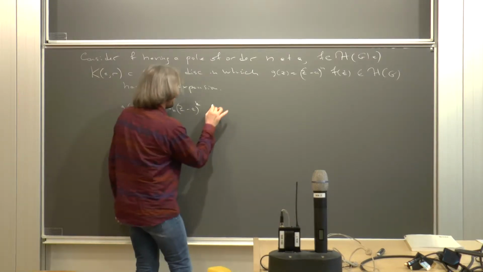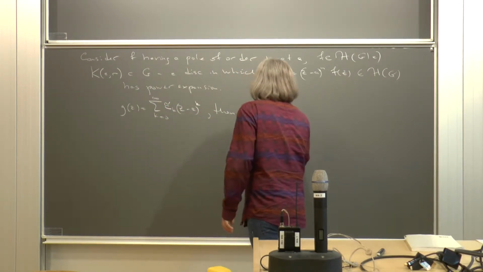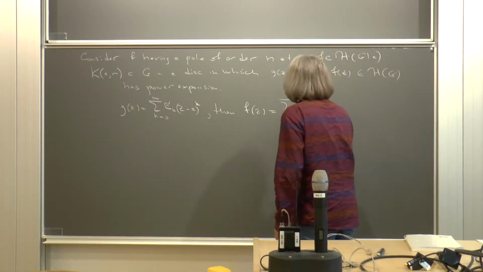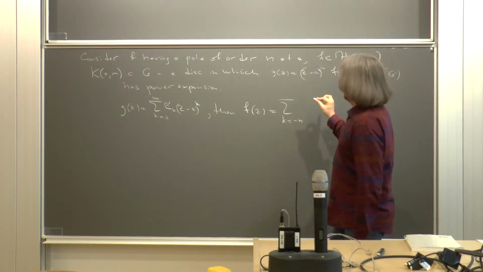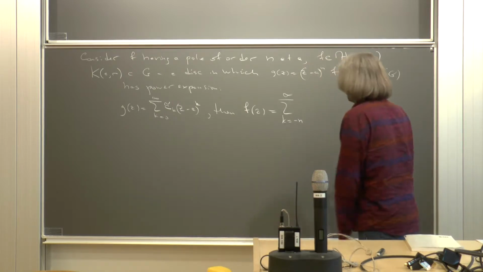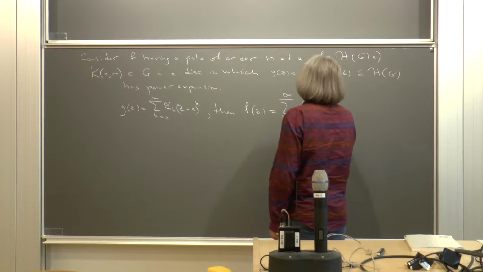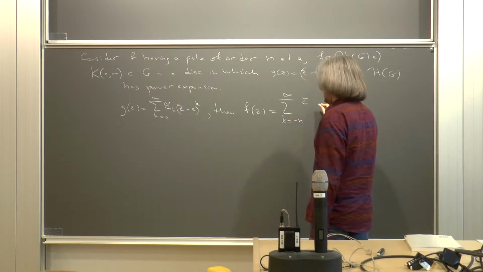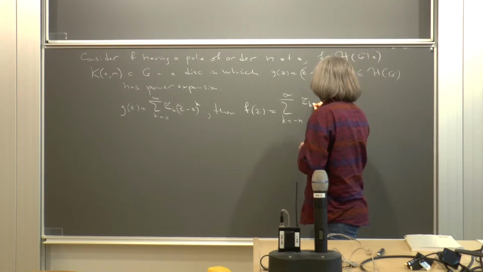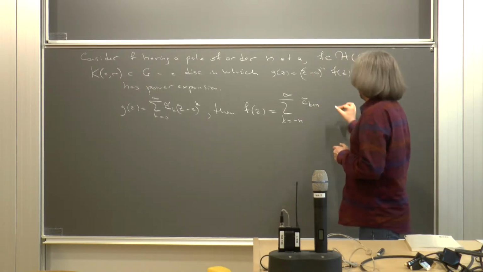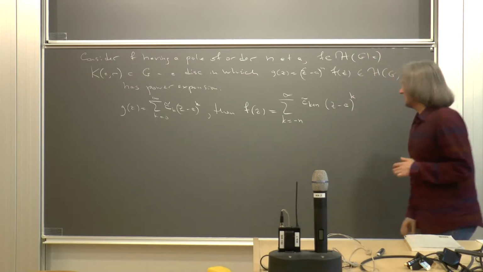So then f of z becomes a sum from k equal minus n to infinity of c tilde k plus n, z minus a to the k.